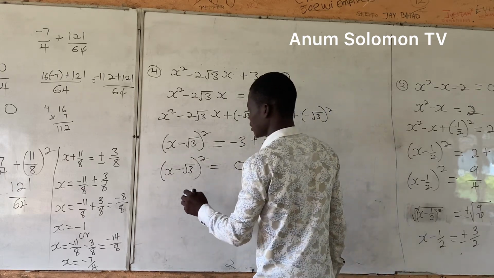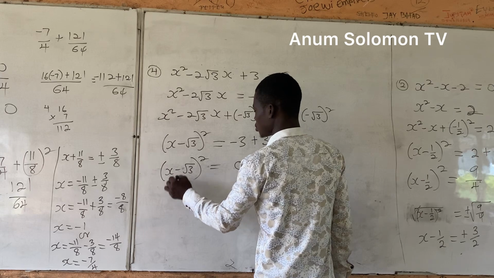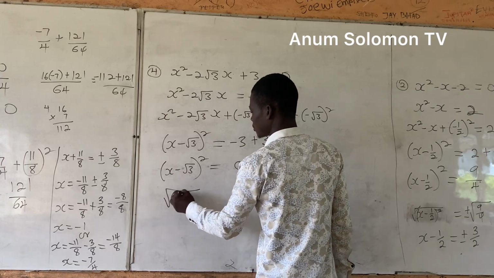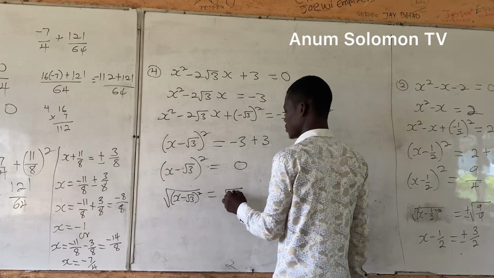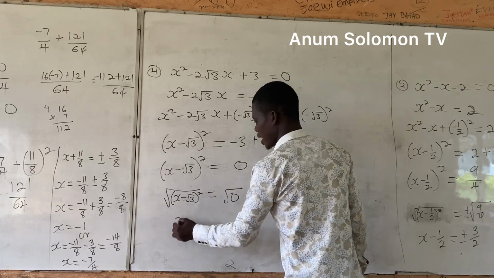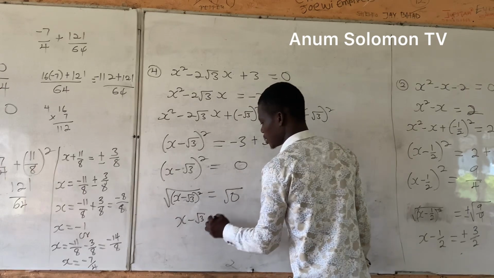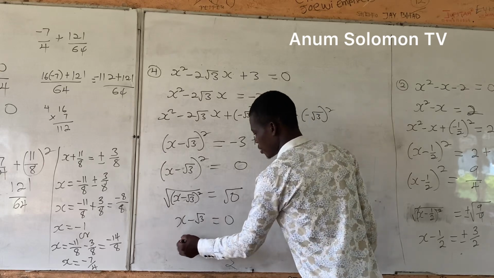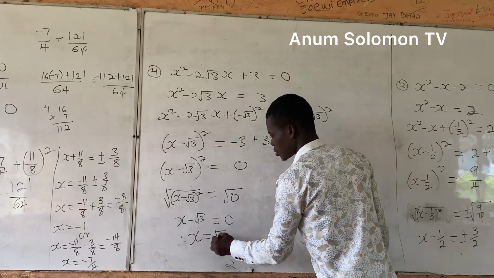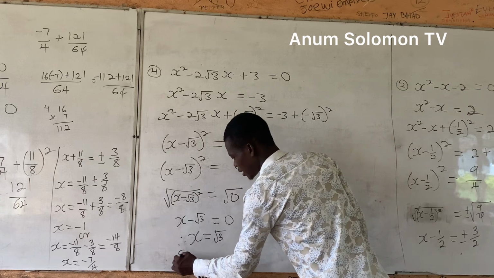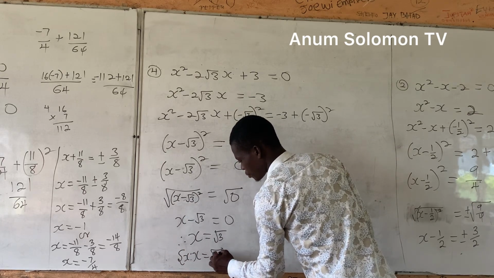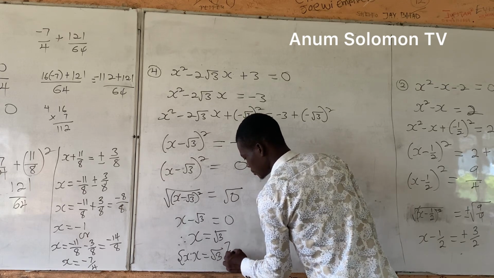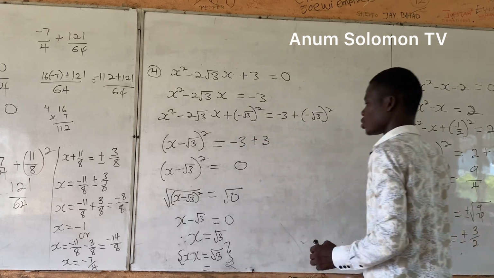So meaning, when you take square root on both sides, x minus root 3 is equal to 0. So therefore, x is equal to root of 3. And now this is how to solve.